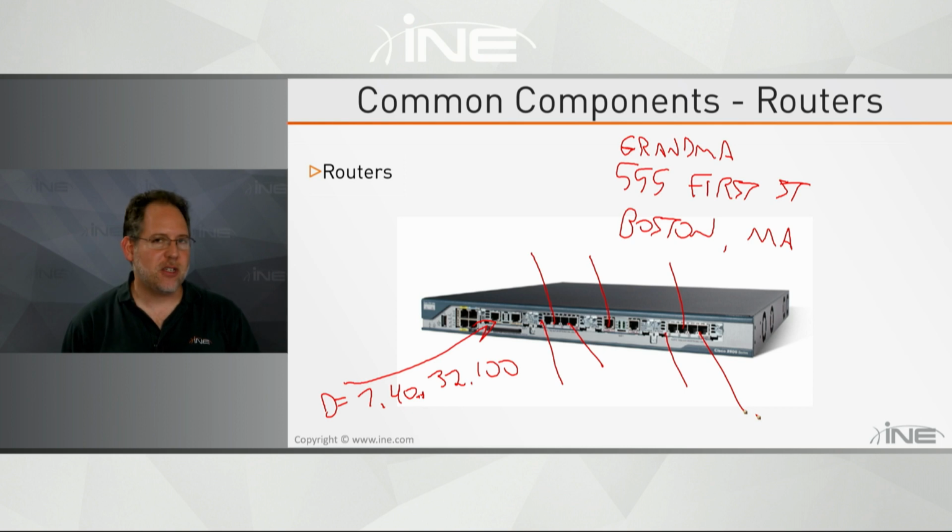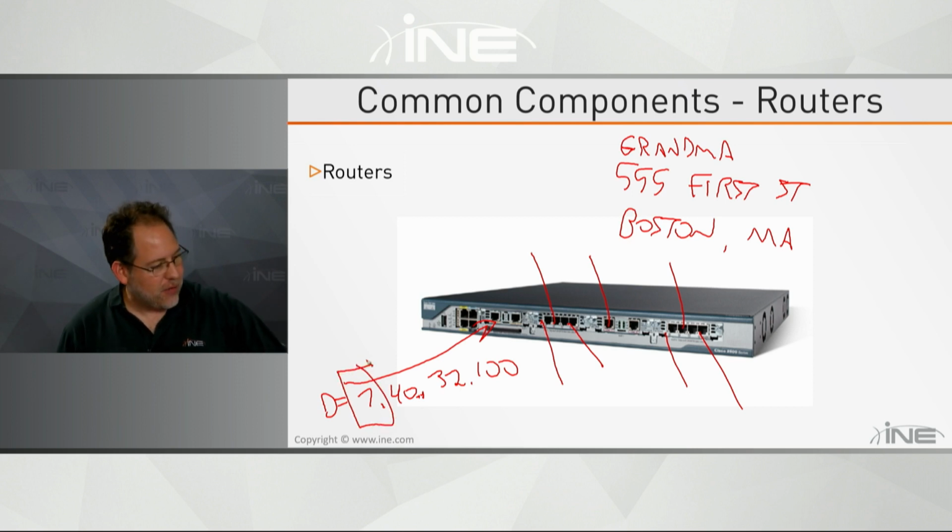When the router goes into its table, it's not like a switch. A switch would have to know this entire name, all those numbers, and which cable led to that name. The router's more like a post office. The router says, I might not know exactly where that is, but I do know where 7 lives. If I go out this cable right here, that will eventually get me to all addresses beginning with 7.